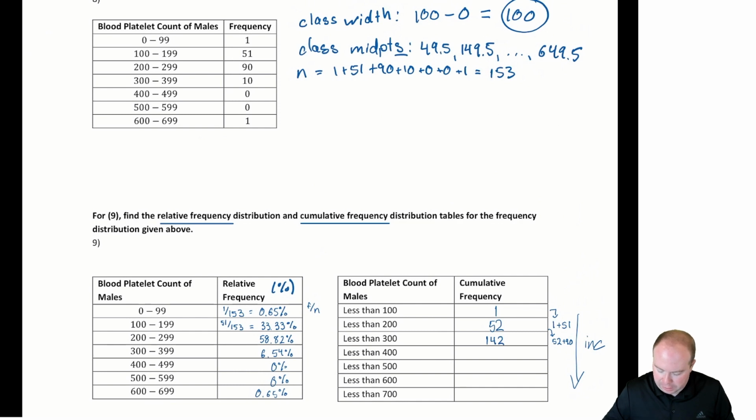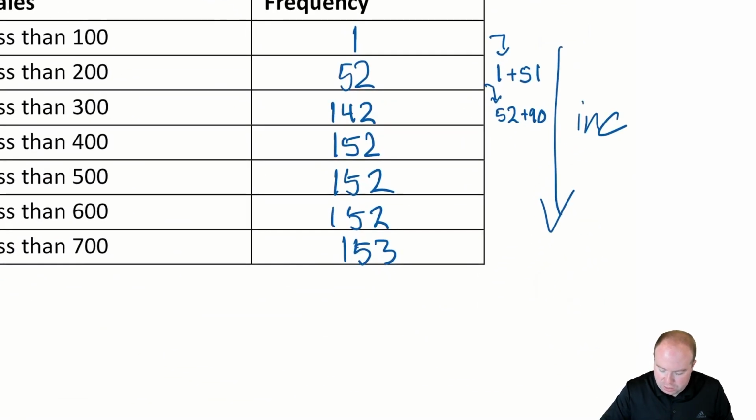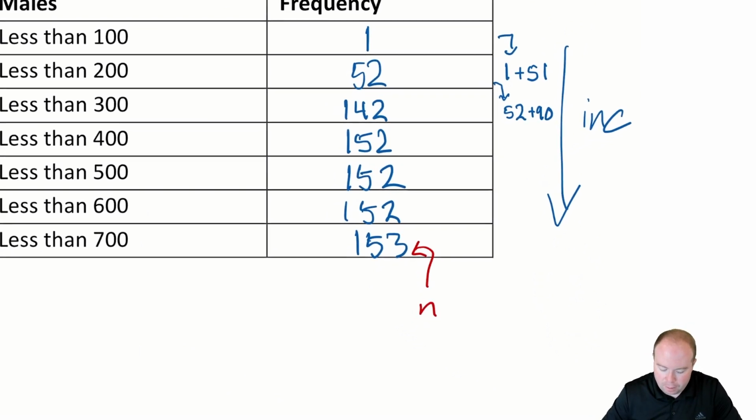Then we'd have 152, then we have 0. So again, 152, then 0, then 152, then 1, so 153. The way to check this one is to realize that this last number should be our n. It should be whatever our frequency total is. All right.